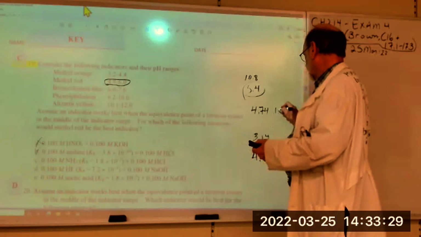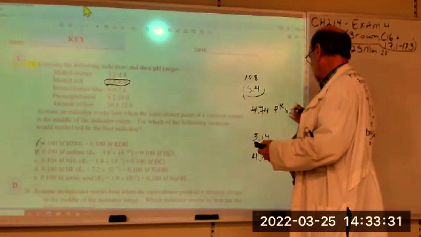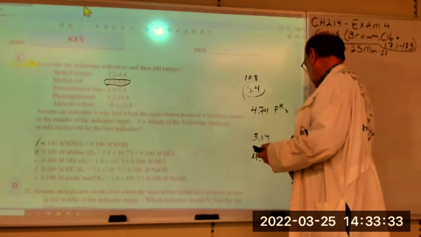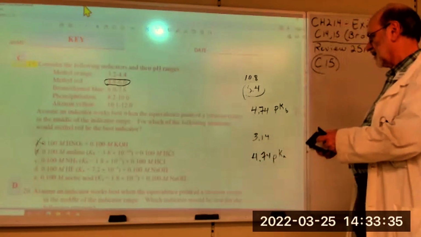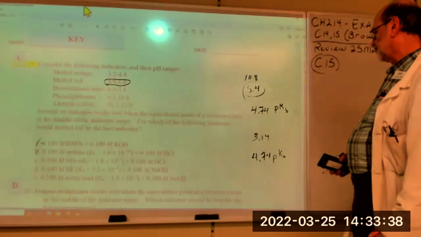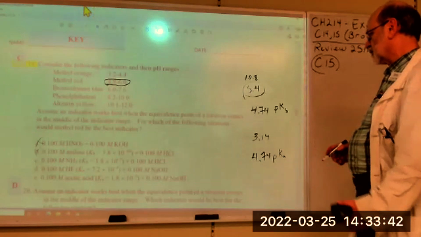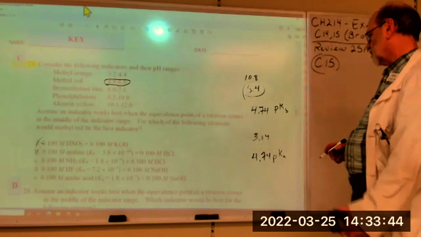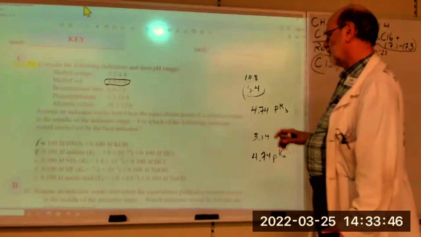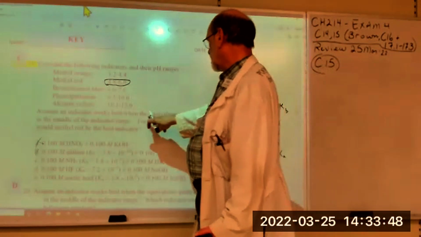But this is pKb, this is pKa. So how do we distinguish the difference between the two? Which one would be best? Are there any indicators up here?